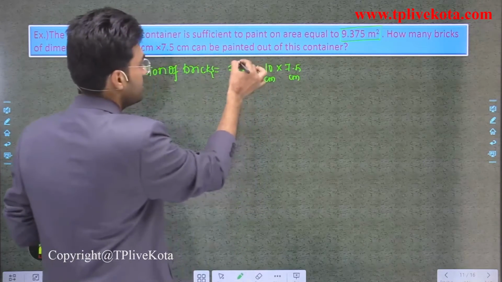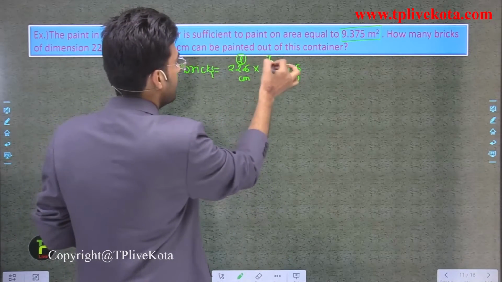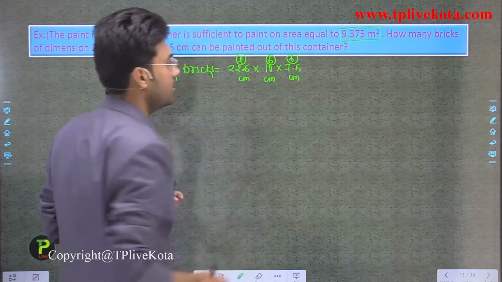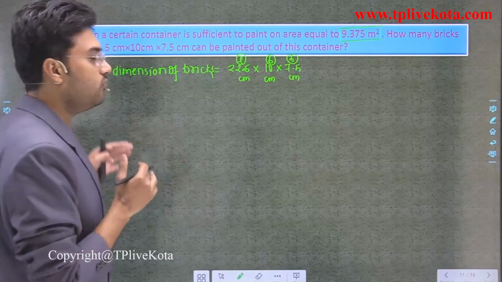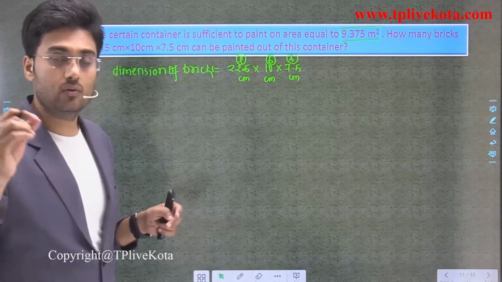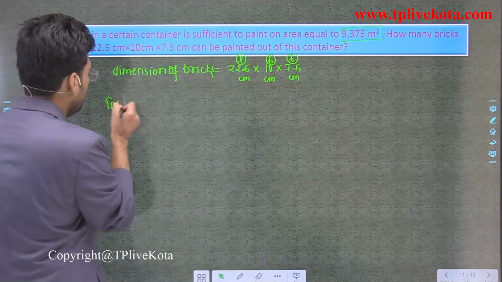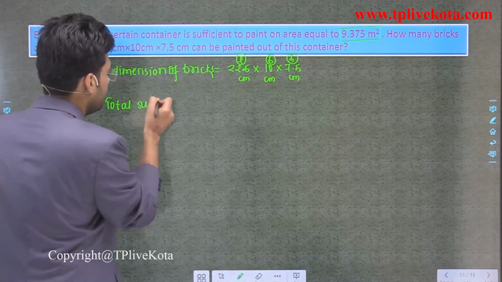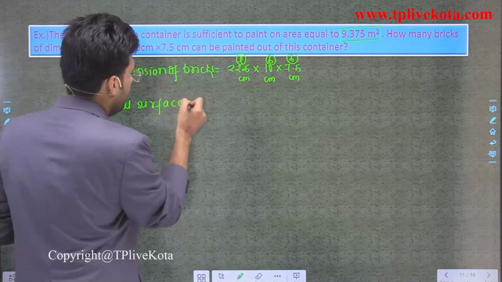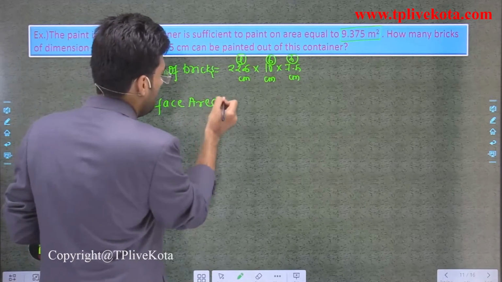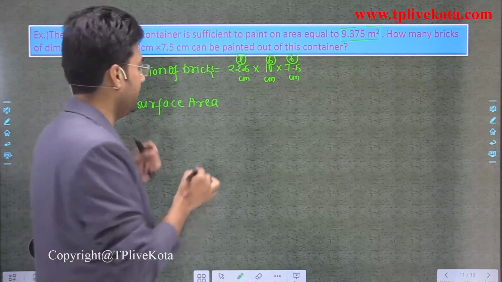So this is length, breadth and height. Clear? Now what do we have to find? First we have to find the total surface area of one brick.